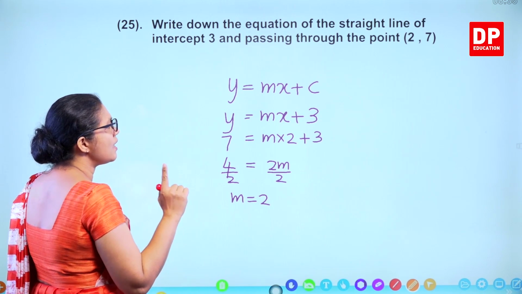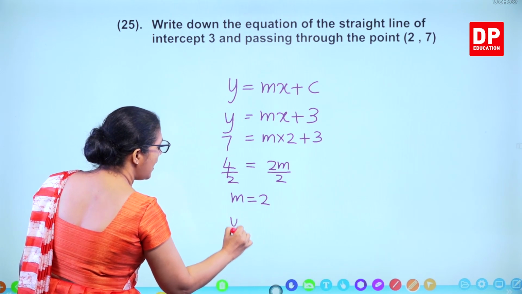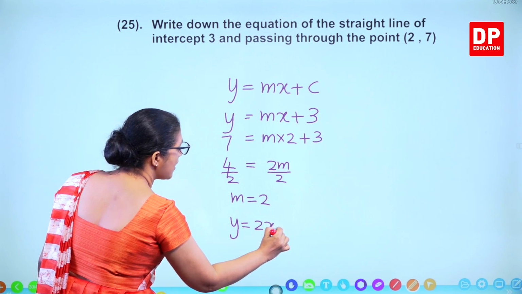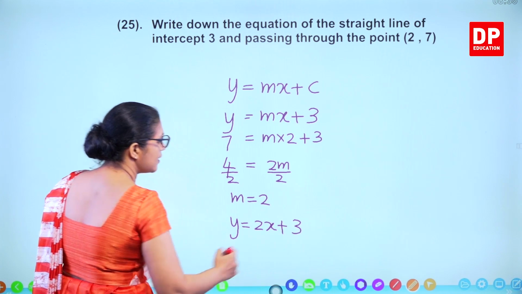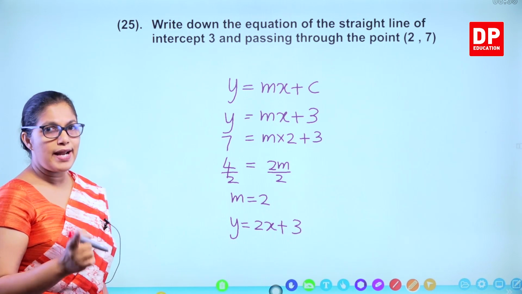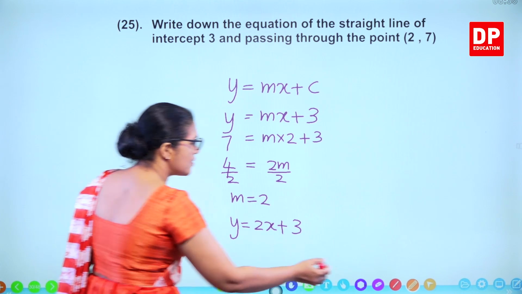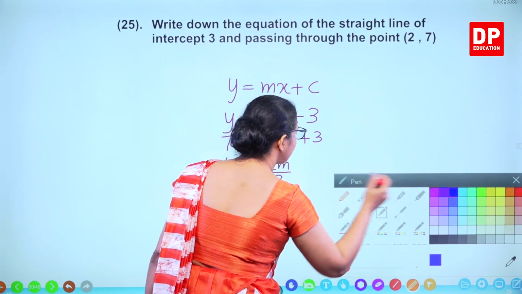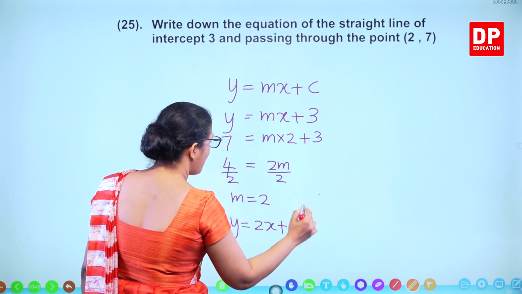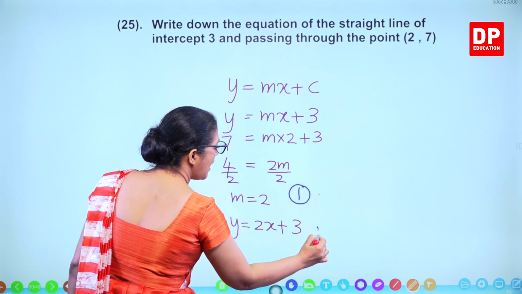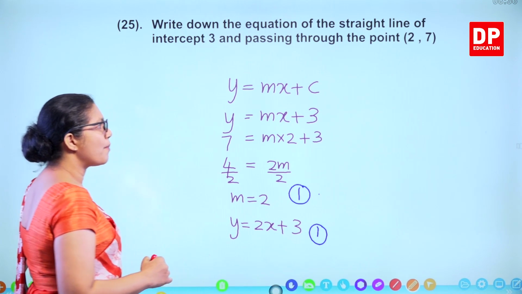So what's the equation of the line? y equals 2x plus 3. So m is 2, gradient is 2 and the y-intercept is 3. So you get 1 mark to identify the gradient and 1 mark for the equation.